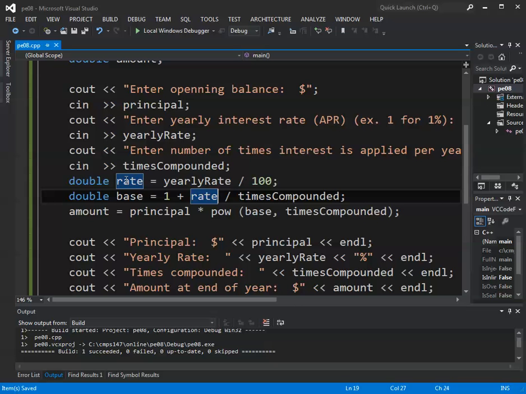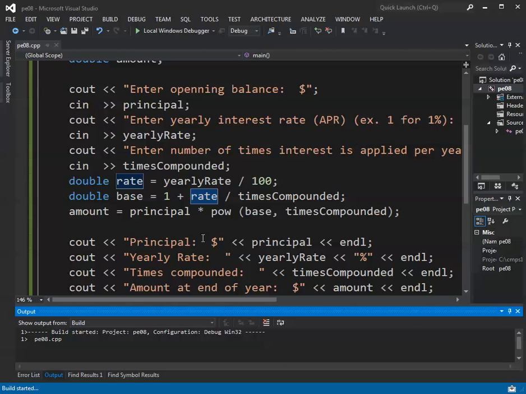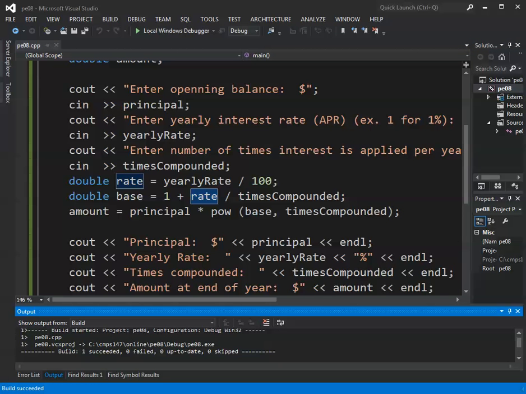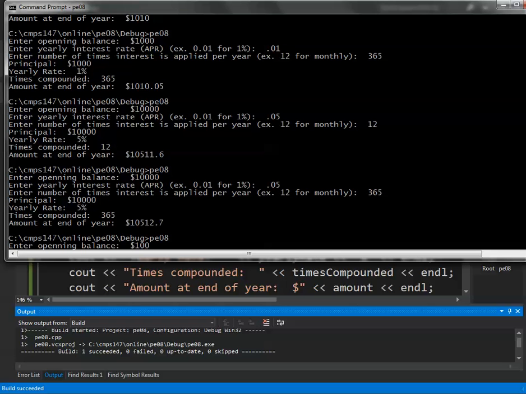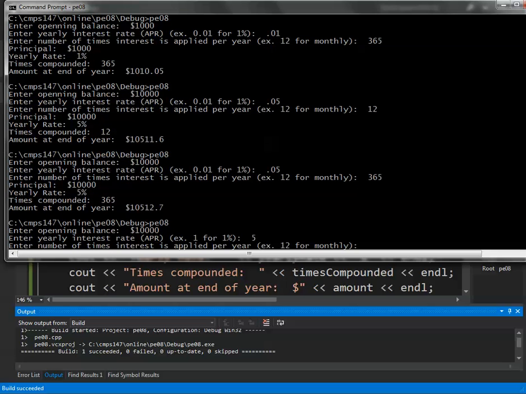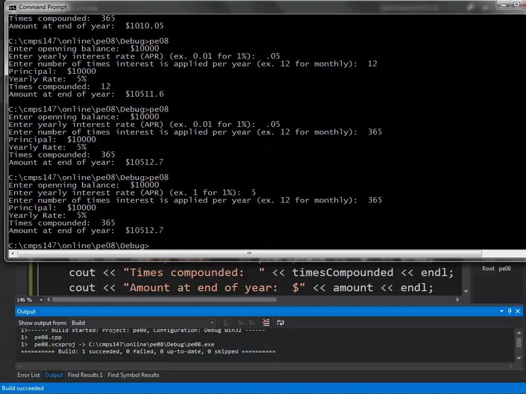So getting a changed rate, a rate that is actually divided by 100, allows the user to type in things a little bit more naturally. It doesn't really affect us. We have to work just a little bit harder. But again, $10,000, 5% interest, 365 days a year. We get the same exact number, but now the user can type in 5 instead of 5%. So all of those little lessons are important to remember as we continue.